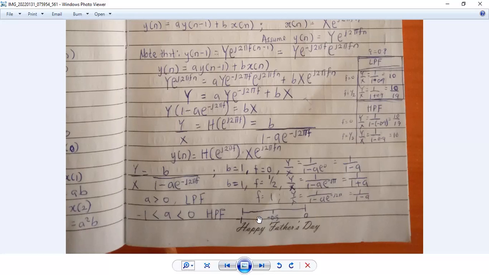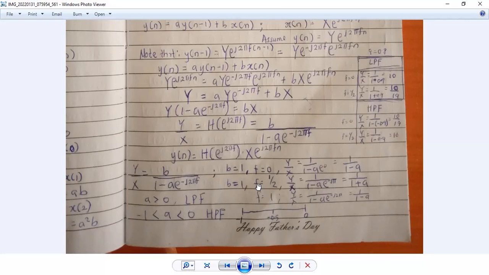Let's pick -0.9 as a value. So at F equal to 0, we have 1 divided by 1 minus A. So using this equation and using A as -0.9, the transfer function becomes 10 divided by 19.